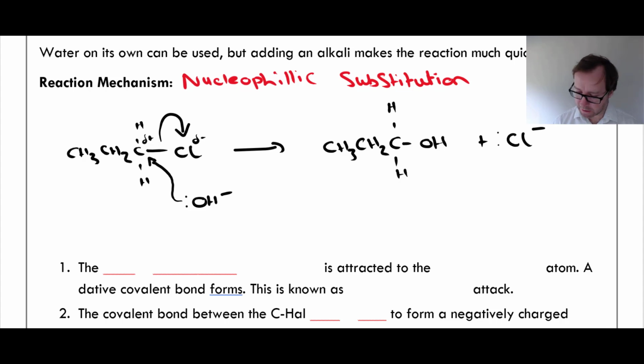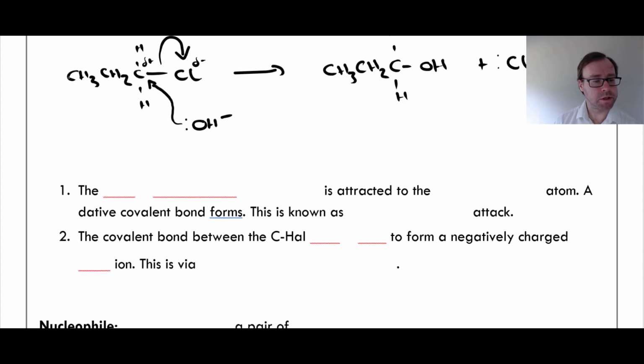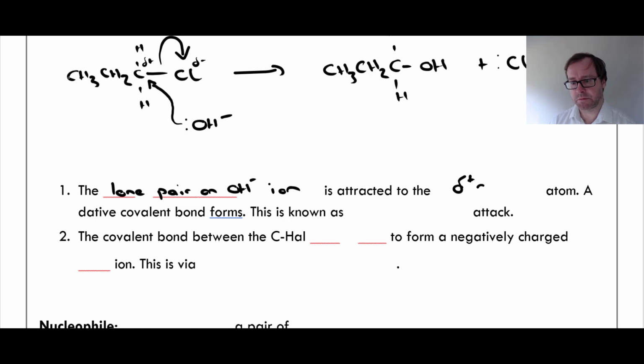If we were going to describe this, we would say the lone pair of electrons on the hydroxide ion is attracted to the delta positive carbon atom. A dative covalent bond forms, and this is known as nucleophilic attack.